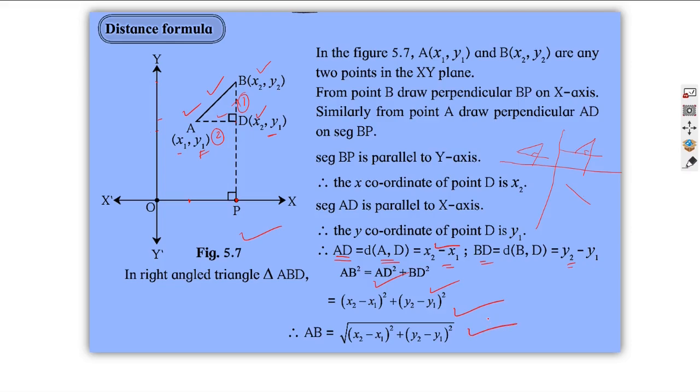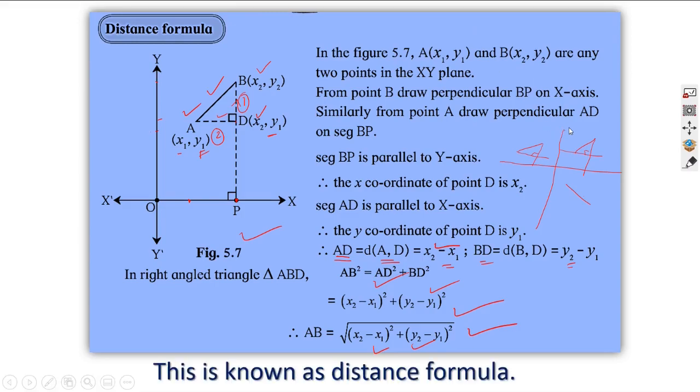So in order to get the length of a segment or distance between 2 points on a graph, whether it is on the x-axis or y-axis, whether it is in any quadrant of this coordinate plane, you have to substitute in this formula: square root of x2 minus x1 whole square plus y2 minus y1 whole square. This formula is named the distance formula.